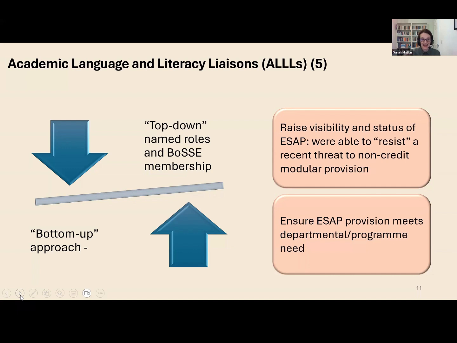which has helped raise our visibility and our status. Shortly after we introduced this model, the university went into a period of portfolio review, another review, and there was a threat to our non-credit provision. The university decided it didn't like the idea of non-credit modules and wanted to just get rid of them in a blanket way.